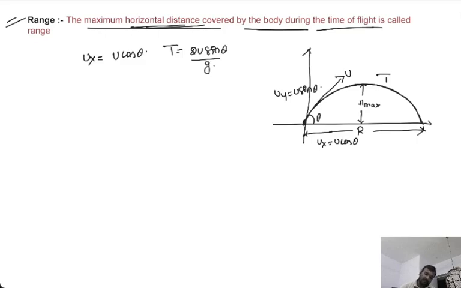At the same time, ax is 0, because velocity is constant in the horizontal direction. Then s, the displacement, is how much?